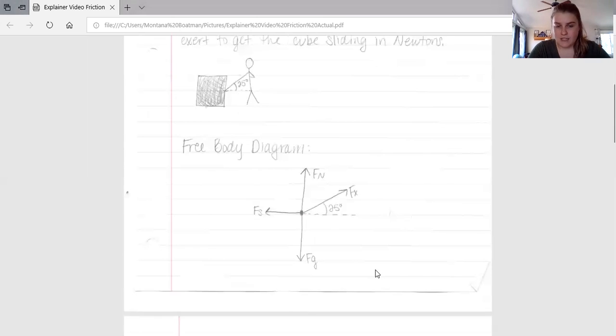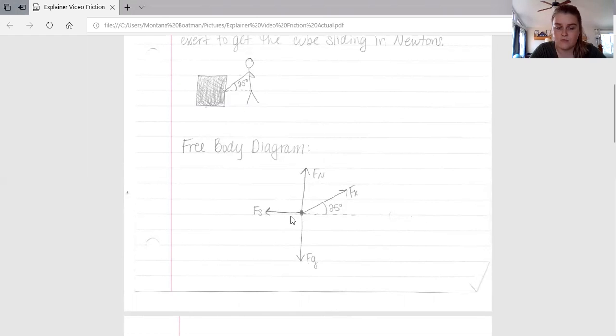So for the free body diagram here, the dot in the middle is obviously the block of ice. Pointing up, we have normal force, and pointing down, we have the force of gravity. Our static friction is going against the way that he's pulling.